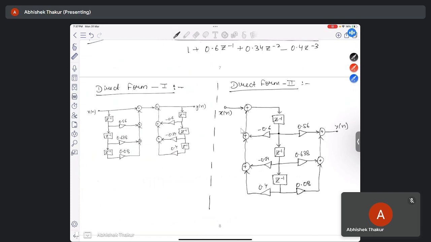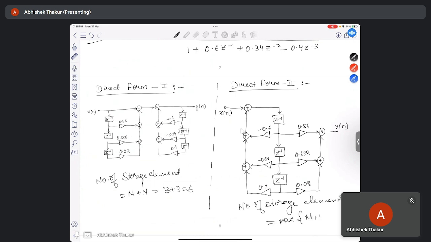In direct form 1, the number of storage elements is equal to m plus n. So here it is 3 plus 3, which is equal to 6. Here in direct form 2, the number of storage elements is equal to max of m comma n.